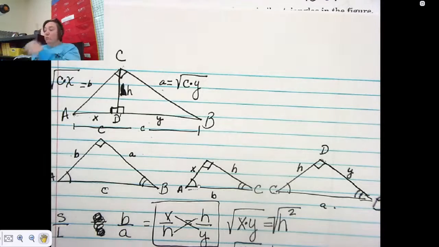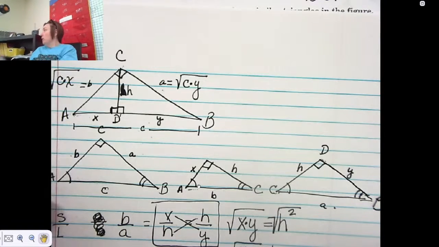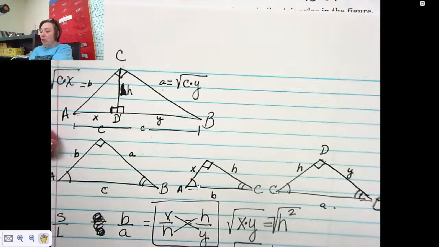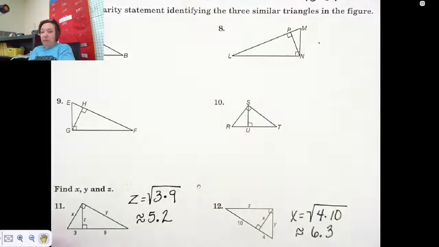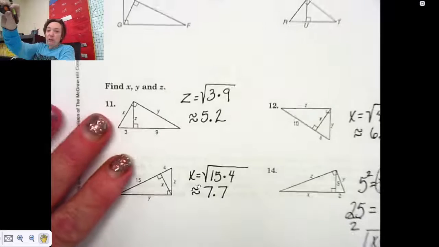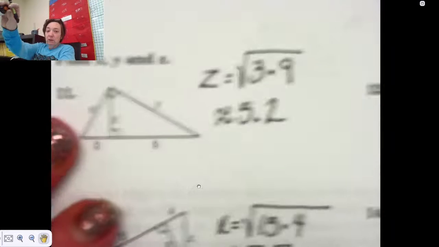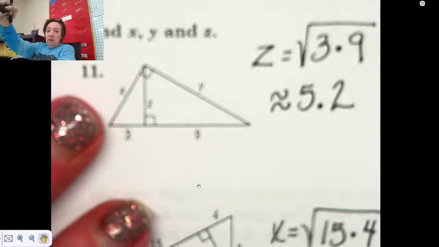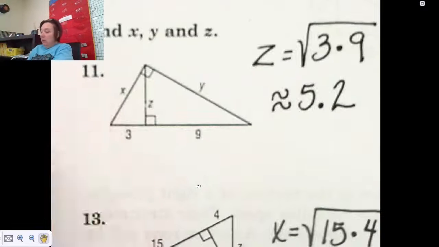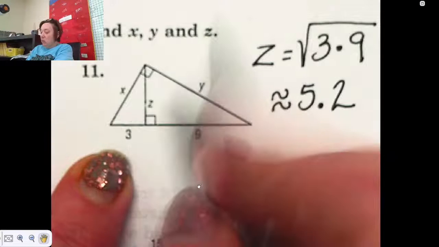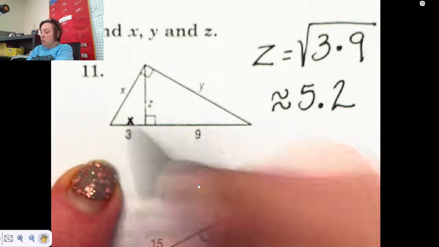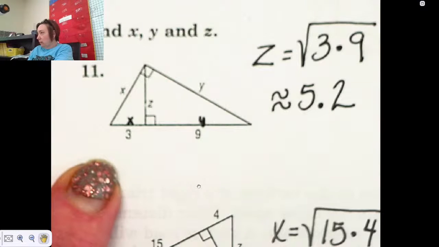Now your variables may not be the same in your problem. You have to pay attention to where they're at on the shape, right? So if we go to our shape, go to number 11, and we'll zoom in. Now, this is X, what we have been calling X. This is what we have been calling Y, right?